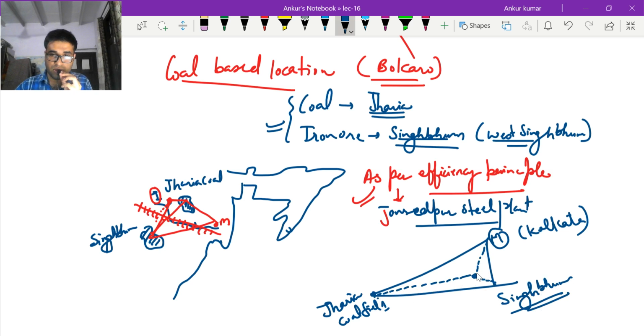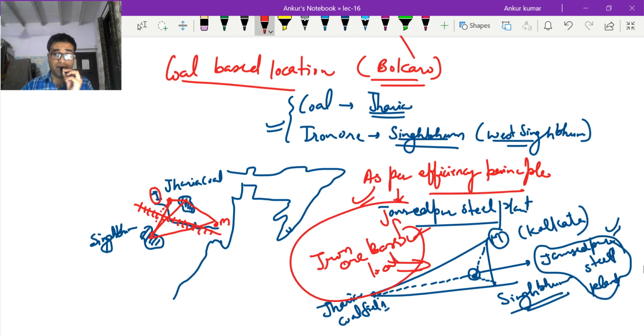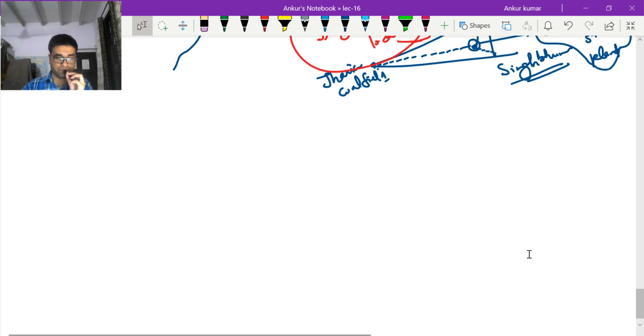So this is Jamshedpur steel plant. This is the second example, the iron ore based location. Another iron ore based location, if you see, is Bhadravati.